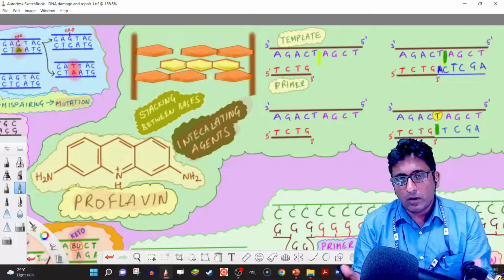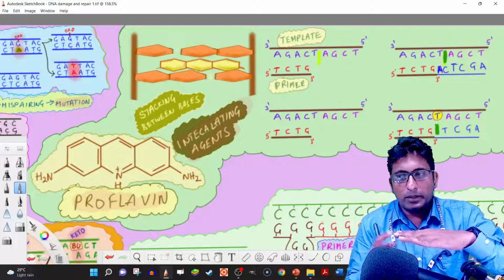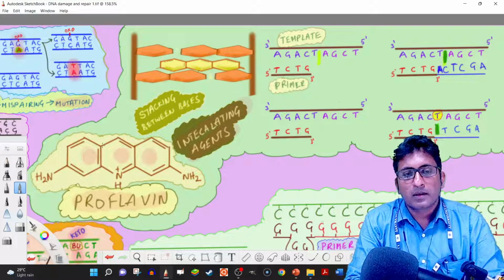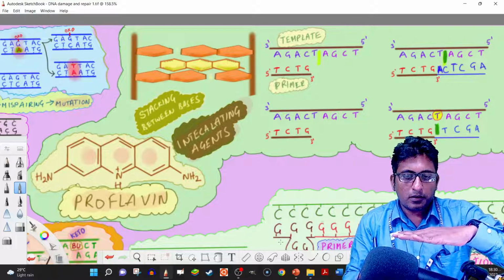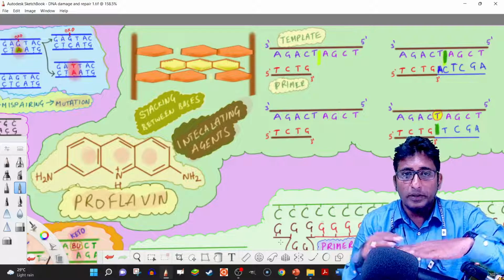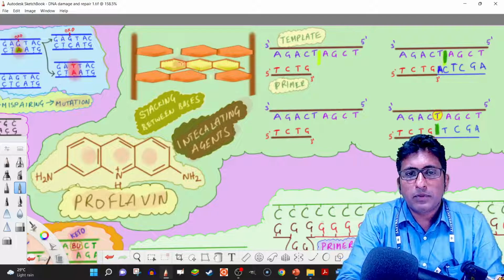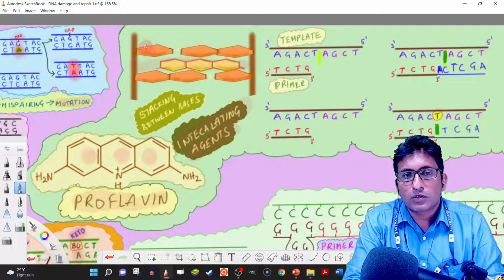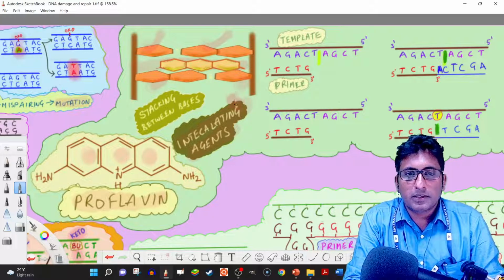What is common with all of these is they have a planar structure with 3 rings, such as shown here. These structures are planar and hydrophobic, so they can slide between the bases as shown here. Assume this is one base, this is another, and these are the 2 other bases.